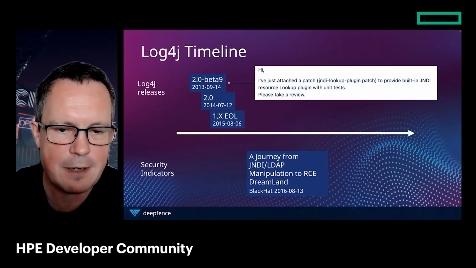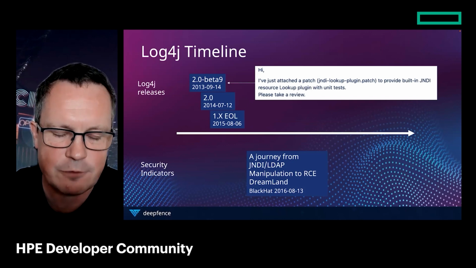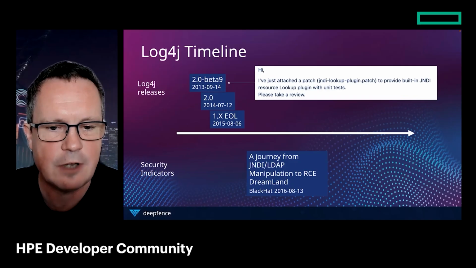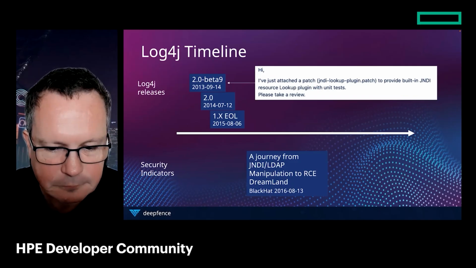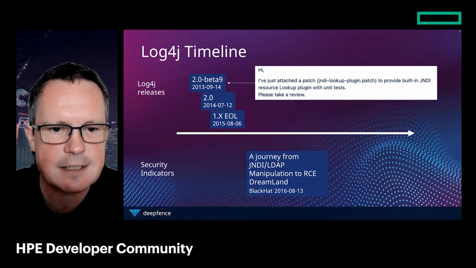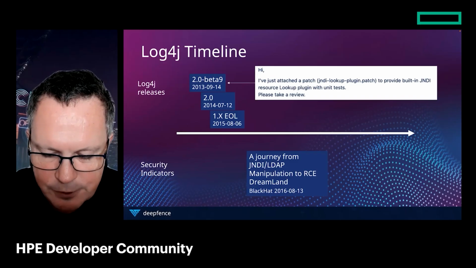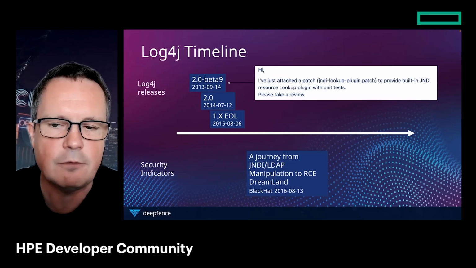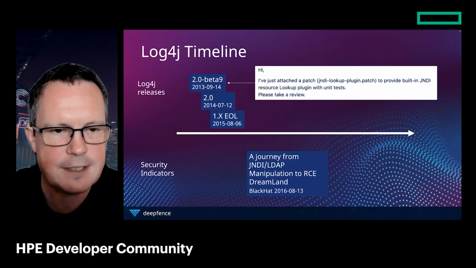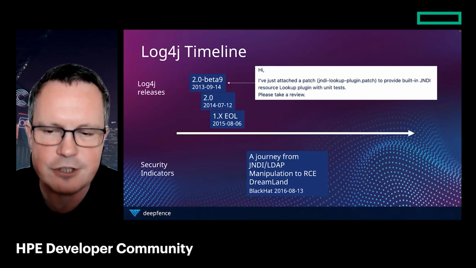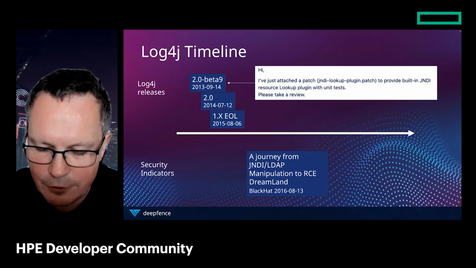2.0 was declared production ready in 2014, and 1.0 and its successors were end of life a year afterwards. So for the last 6 to 8 years, organizations and third parties building Java applications that require logging have typically selected Log4j, and they've been including code that later on was discovered to be vulnerable.